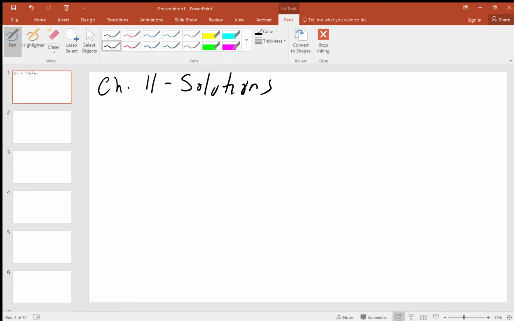So in chapter 10, we had started alluding, especially in that last practice exercise, to some of the things that determine solutions. Solutions, of course, are a mixture of two substances, which we term the solvent and the solute.